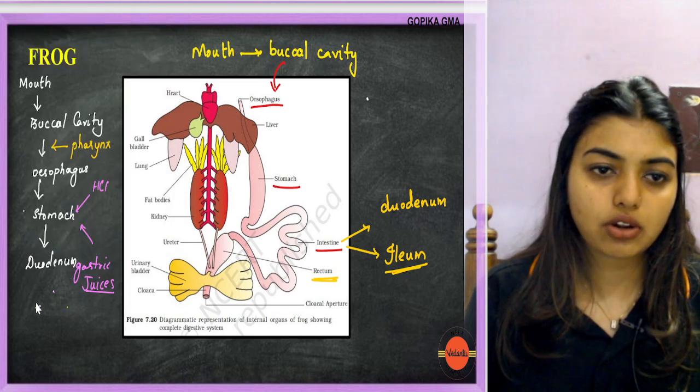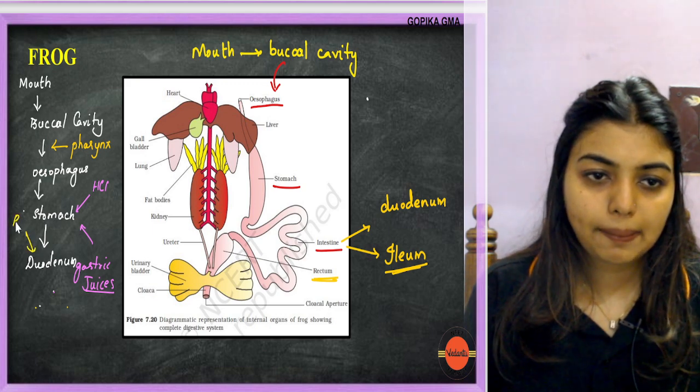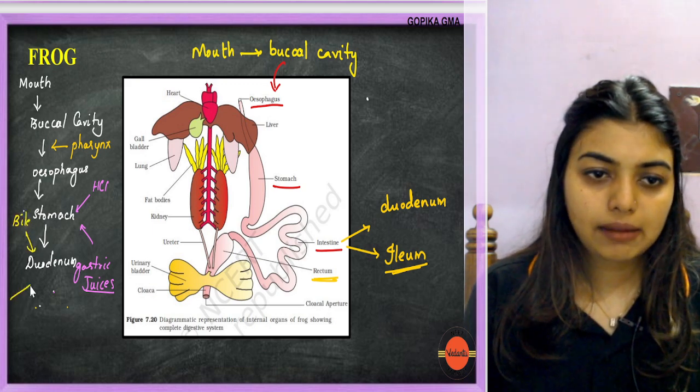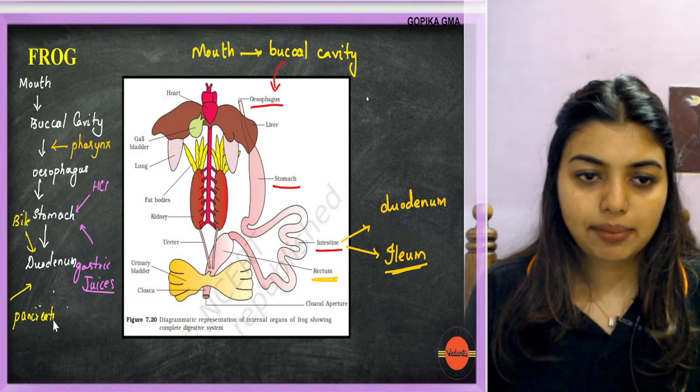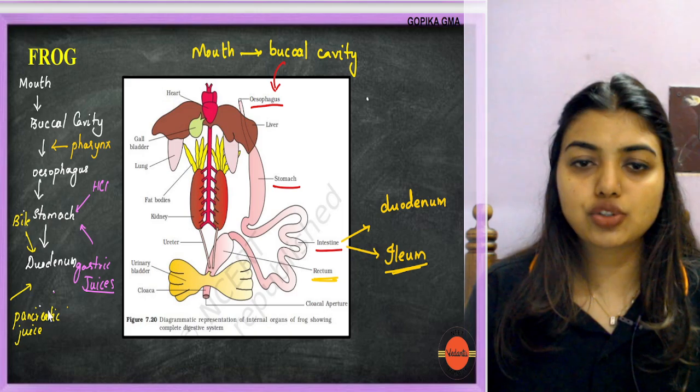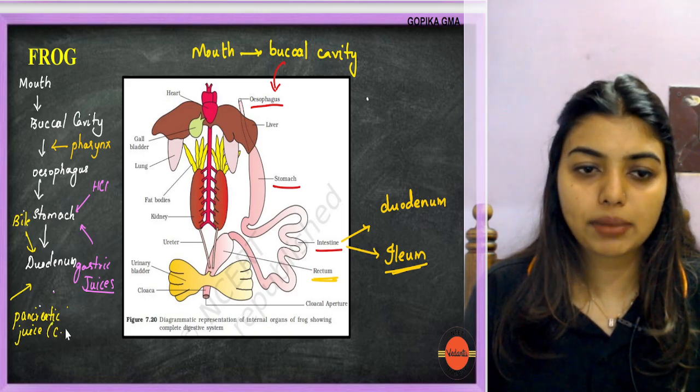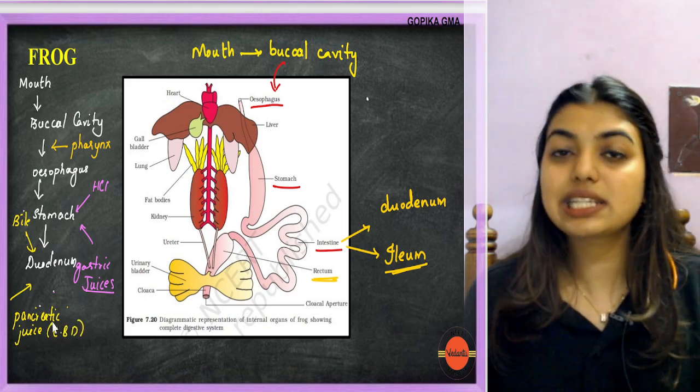Those secretions are nothing but bile and pancreatic juice. Yes or no? This pancreatic juice and the bile is coming from a common bile duct. I'm writing CBD.